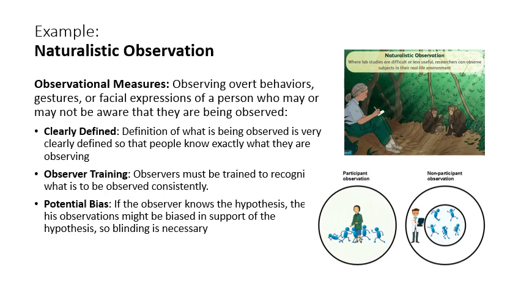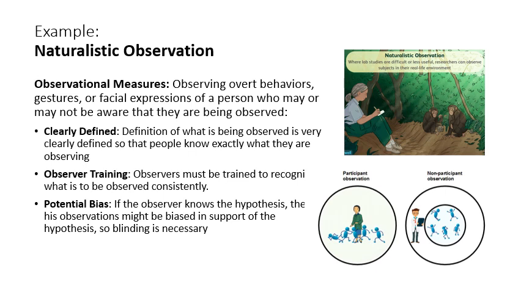And there is potential bias. If the observer knows the hypothesis, then his observations might be biased. So it's important to use blinding, a word I haven't introduced yet, but all it means is that the researcher doesn't know what the conditions are.